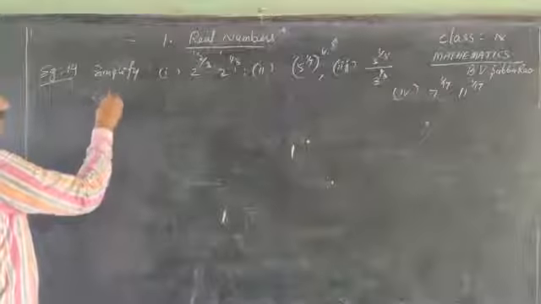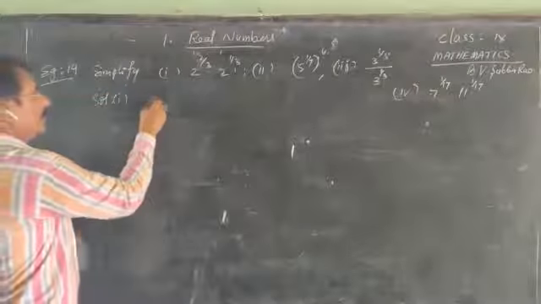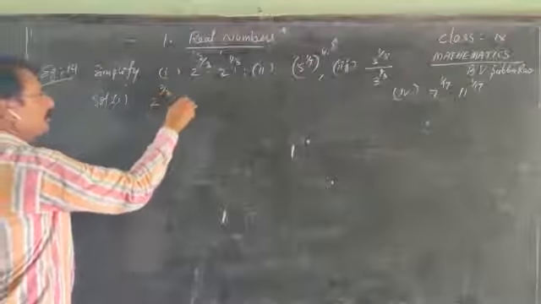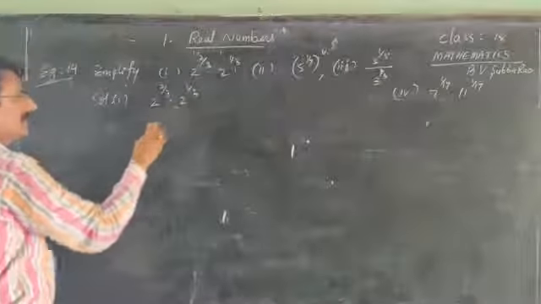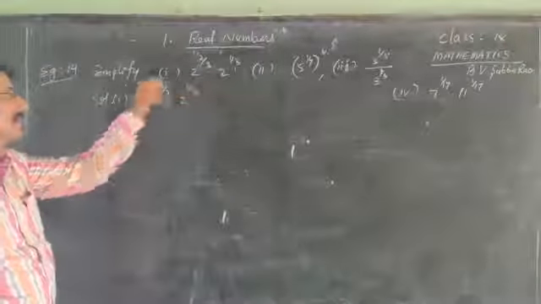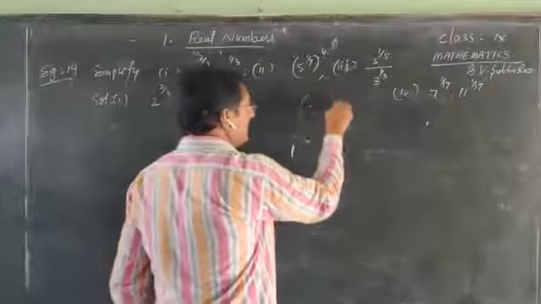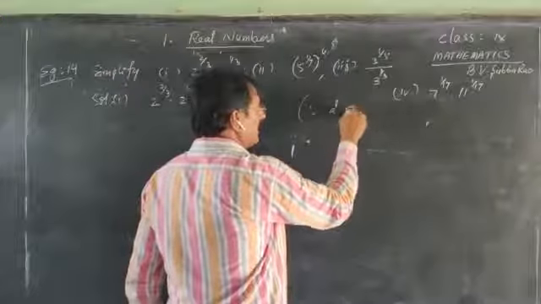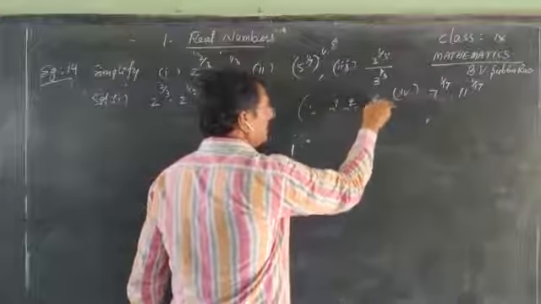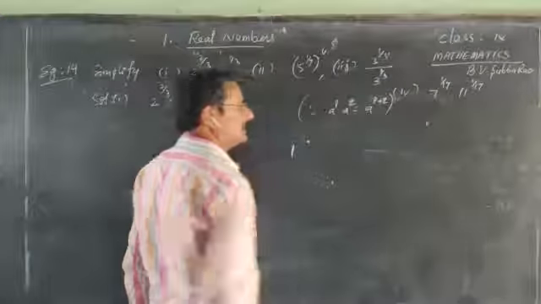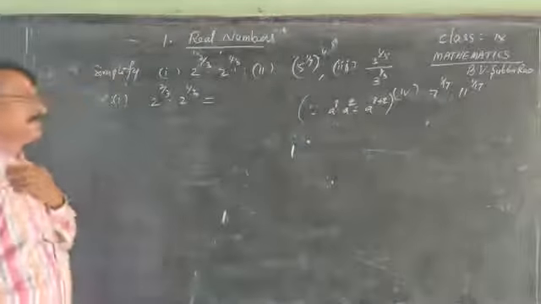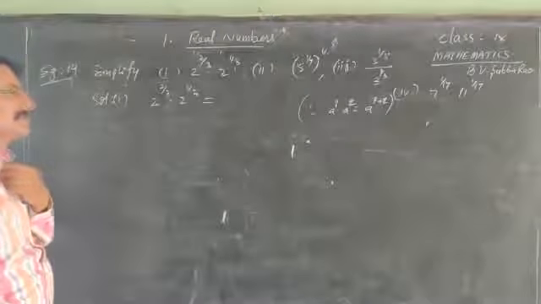See the first one, 2 power 2 by 3 into 2 power 1 by 3. You observe these are real numbers, these are rational numbers. Now, it is exactly like a power p into a power q equal to a to the power of p plus q. It is one of the exponent laws for real numbers.